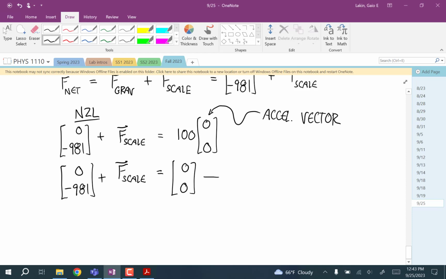You can think of this as two separate equations, an x equation and a y equation. So the x equation says 0 plus the x component of the scale force is equal to 0. And the y equation says negative 981 plus the y component of the scale force is equal to 0.